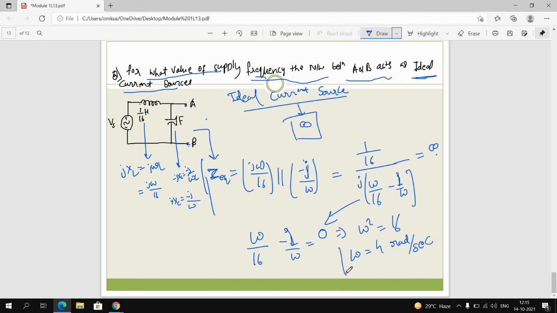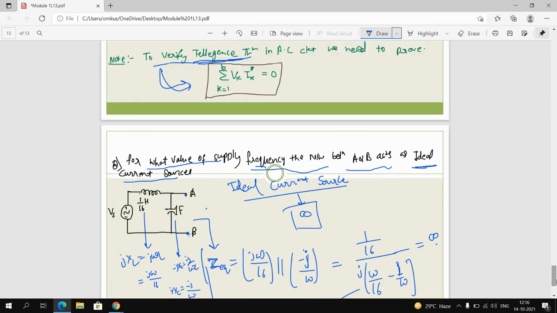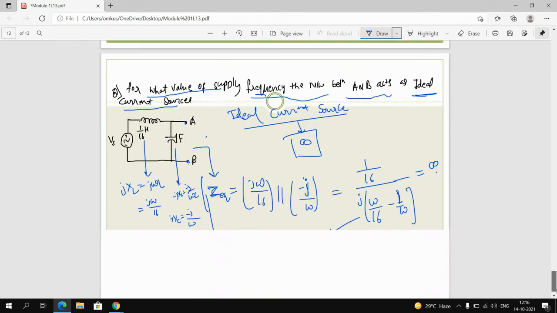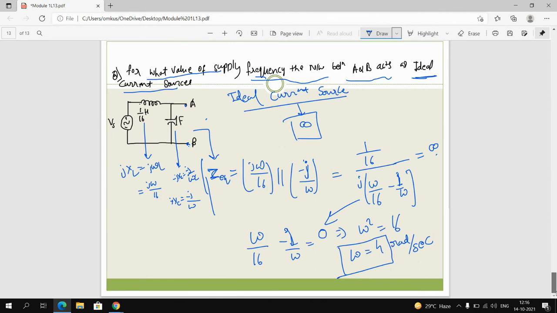So this is the value of omega. So for an ideal current source, internal resistance is infinite, and for an ideal voltage source internal resistance is 0. By this you can easily find out the value of this frequency.